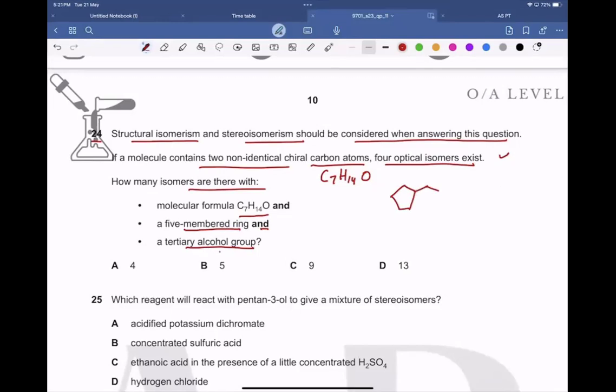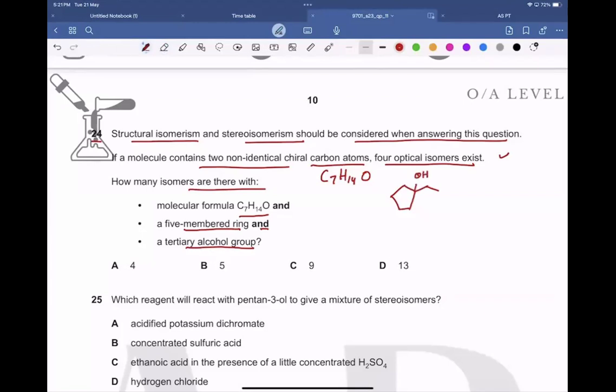And they have told you to make the alcohol group a tertiary one.